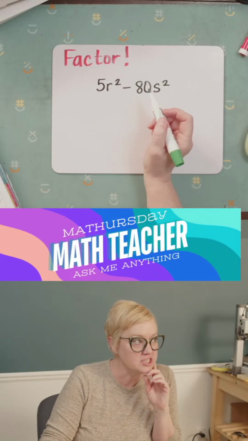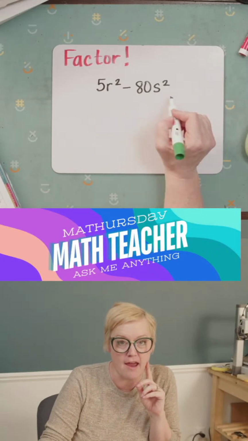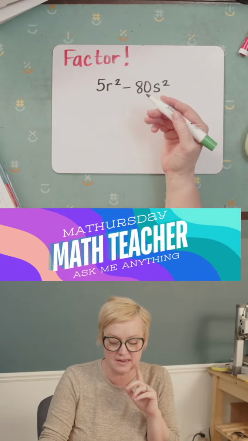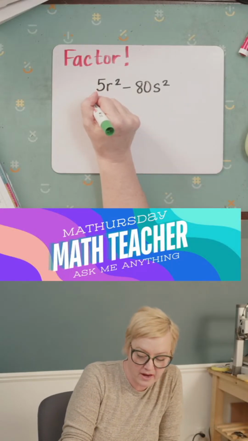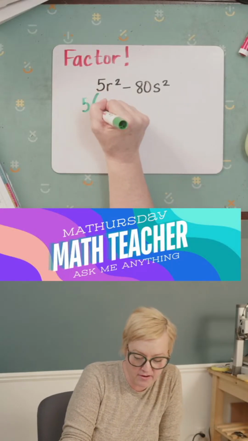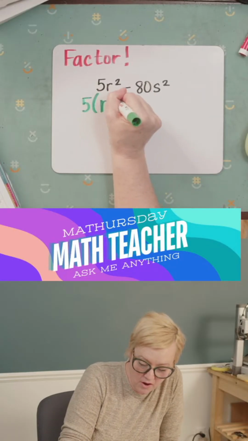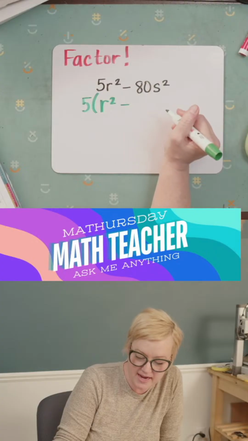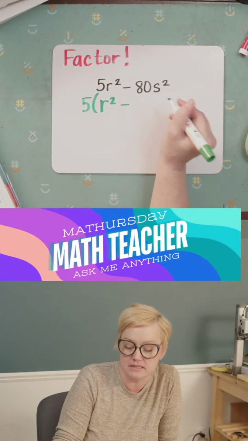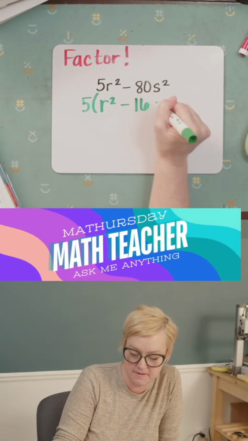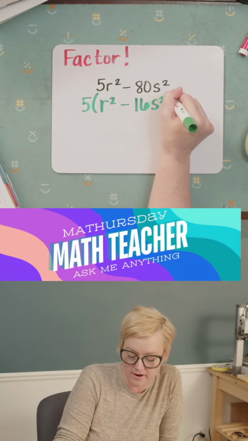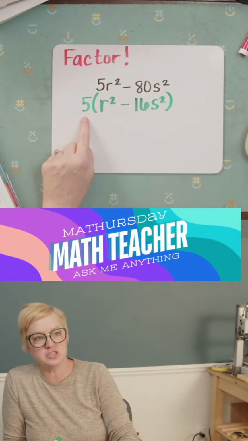The GCF here is something that everything's divisible by, and that's a 5. So I can take a 5 out of here. When I take that 5 out, I'm left with r squared minus, let's see, 80 divided by 5 is 16s squared.